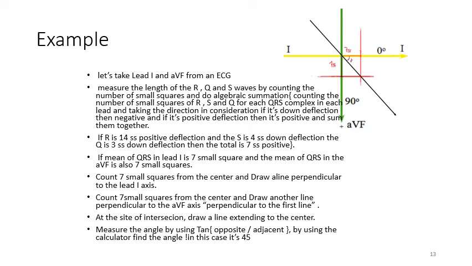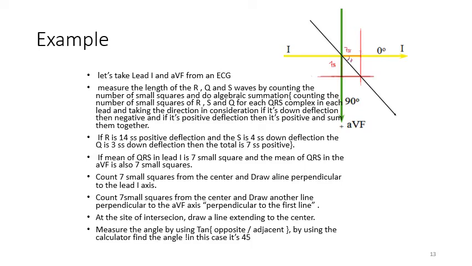We can count the number of small squares, and please take care of the positive and negative signs of the waves. If the wave is on the upper side of the line, an upward deflection, we put a positive sign. If it is a downward deflection, we put a negative sign, and then we sum them together.